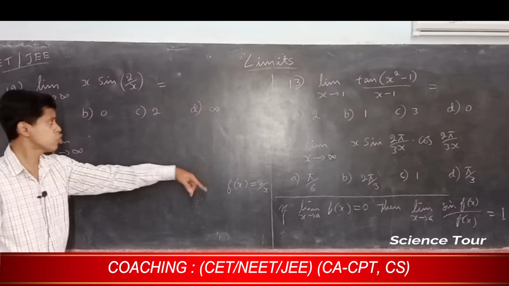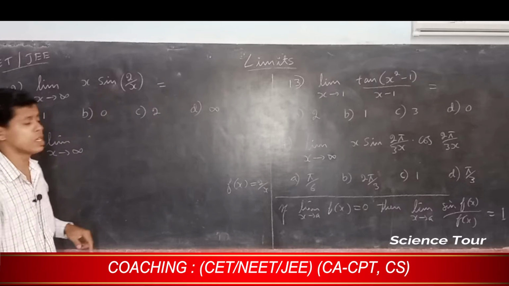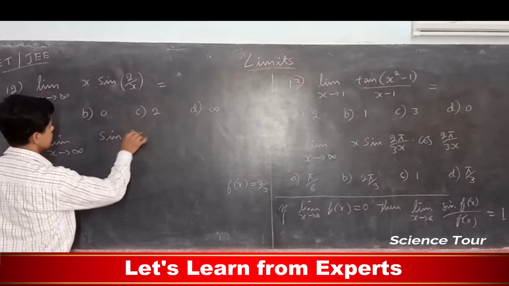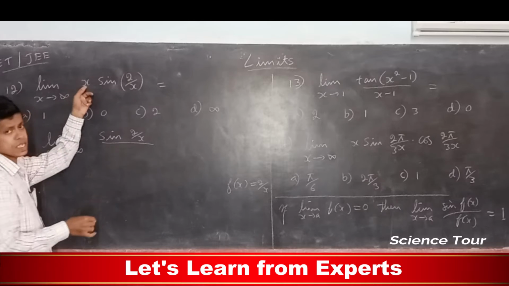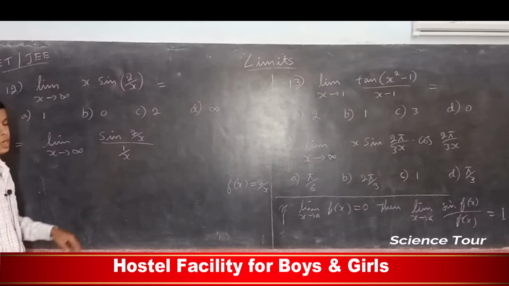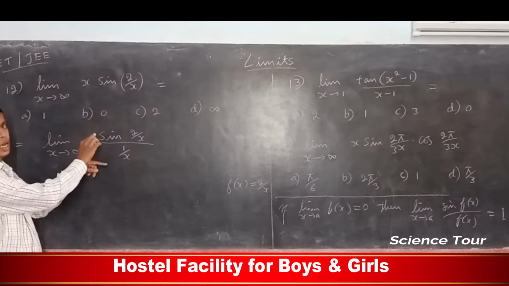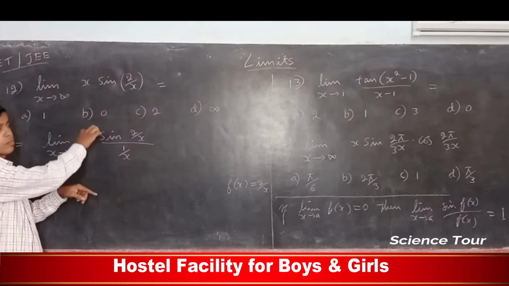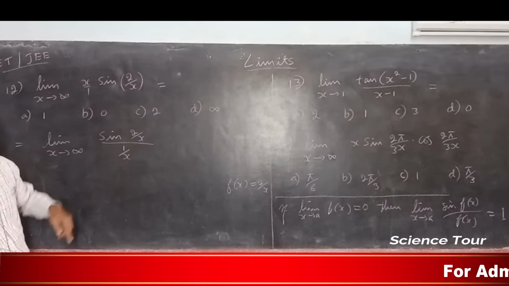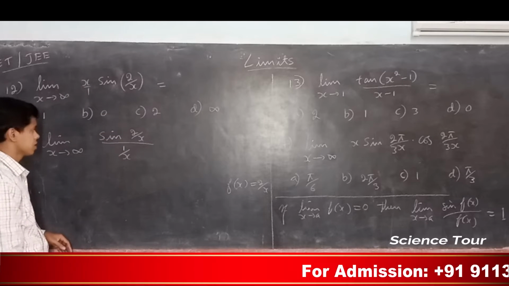So, you should have 2 by x in the denominator. This is sine 2 by x, and if you take x to the denominator, that will be 1 by x, because when it is in the numerator, it is x by 1. When you bring it to the denominator, it will be 1 by x. That is a basic thing to understand.